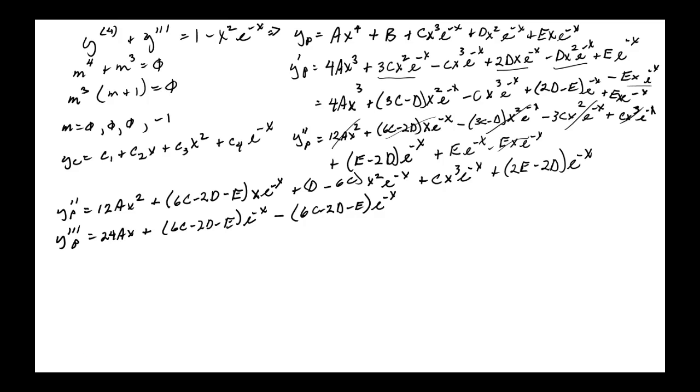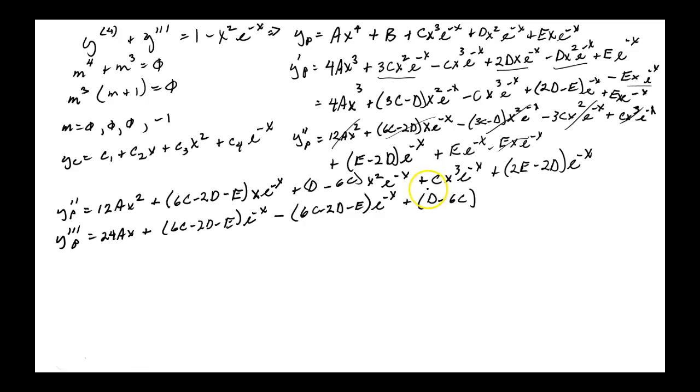All right. Goodness gracious, I'm tired of this problem. All right, let's do the next one. Plus d minus 6c. There should be a 2 in front of that. Let's go on and multiply inside the parentheses too, otherwise I will get them forever lost. Okay.